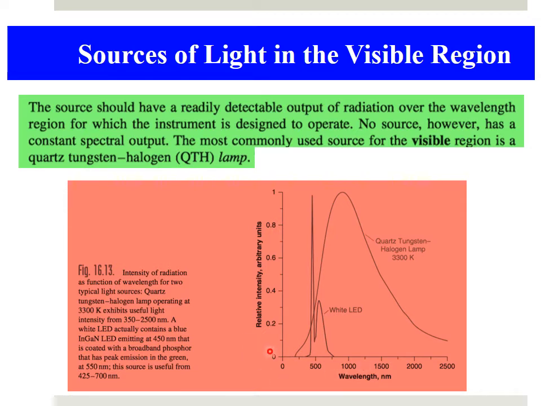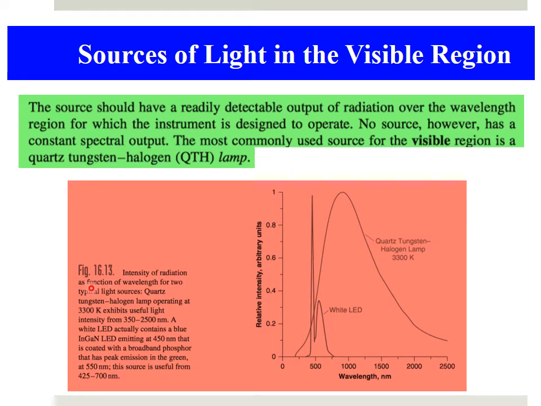In this graph, the relative intensity of radiation is plotted on the y-axis, and wavelength on the x-axis. Relative intensity has an arbitrary value up to 1.